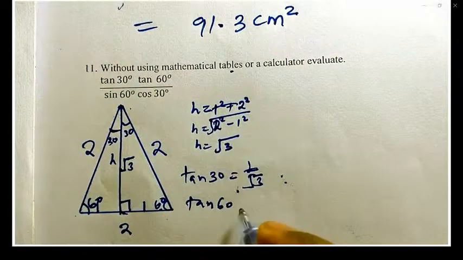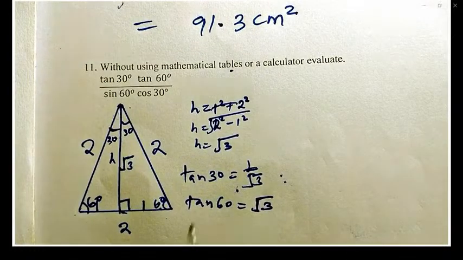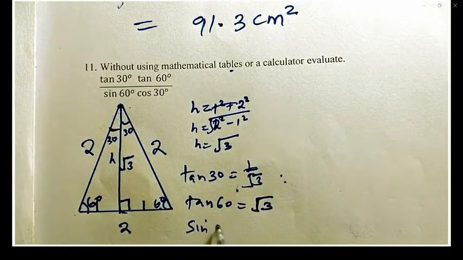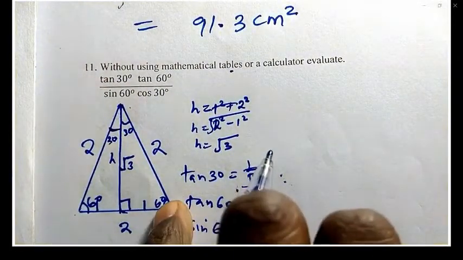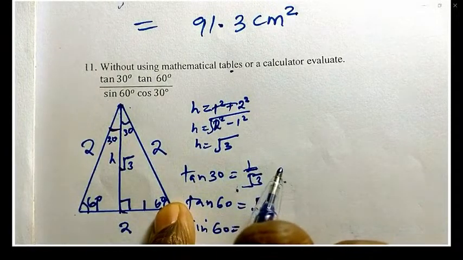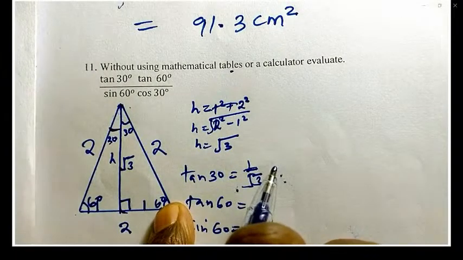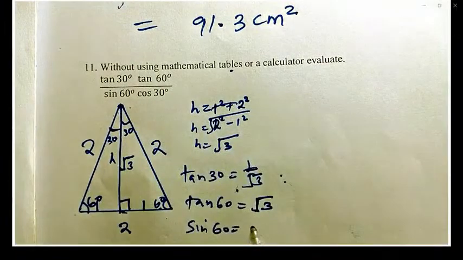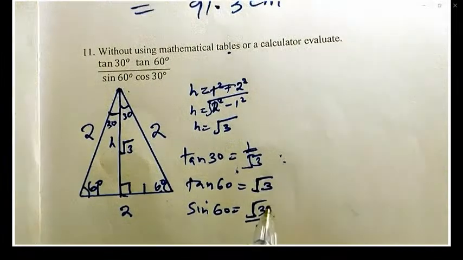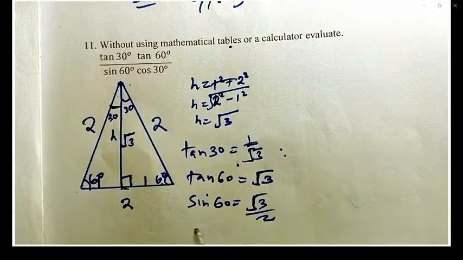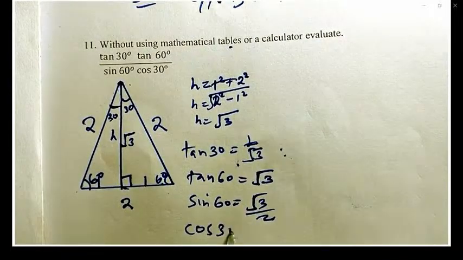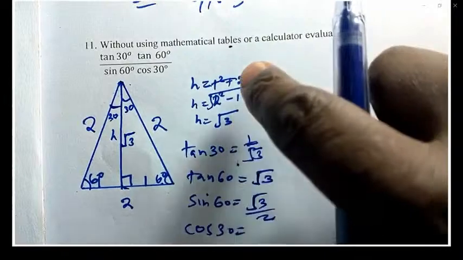So, and then sin 60 is going to be sin ni opposite of hypotenuse, itakuwa root 3 over 2. So, and then finally cos 30 unakuja pa kwa 30 cos ni adjacent of hypotenuse. Cos itakuwa adjacent of hypotenuse, itakuwa the same root 3 over 2.